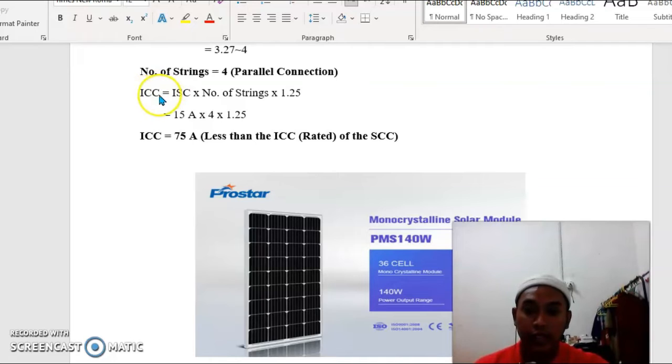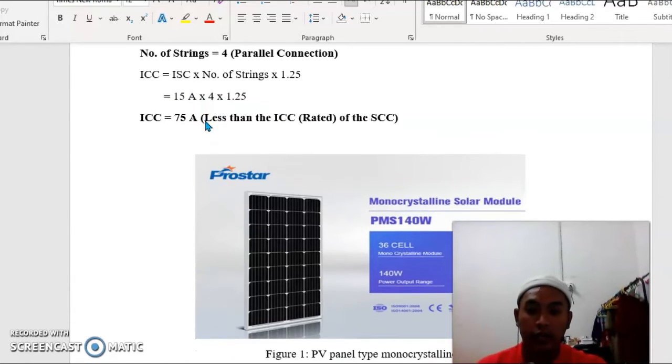ICC equals ICS multiplied by number of strings and multiplied by 1.25, which is 15 ampere multiplied by 4 multiplied by 1.25, and then we get the value of ICC as 75 ampere, less than the ICC rate of the SCC.